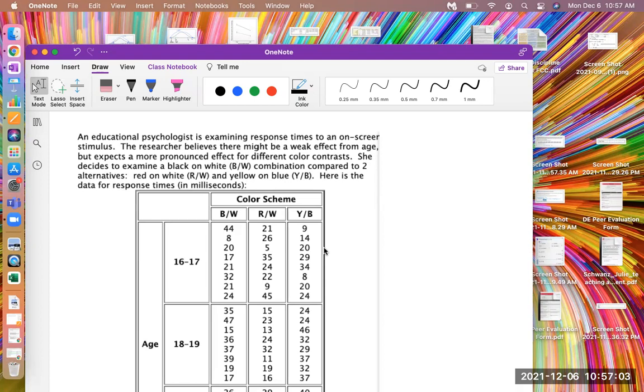We could say whatever it is, we're testing something, right? And so they give us this beautiful background story up here, but they're just telling you a story to go along with this data in the chart below, right?